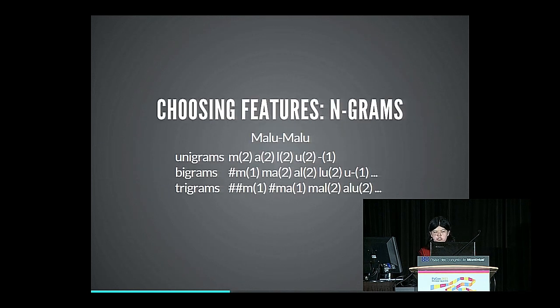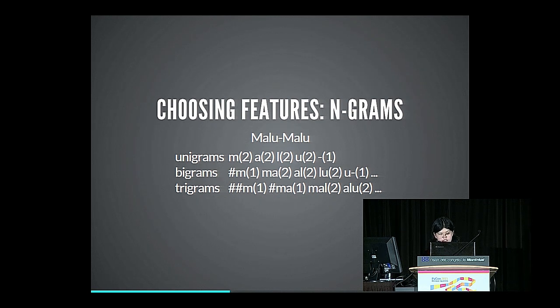The next step is to choose what features we're going to use. So what I went with was calculating the n-gram frequency. So n-grams are basically just contiguous sequences of, in this case, characters of length n. And we're going to calculate these in an overlapping way.